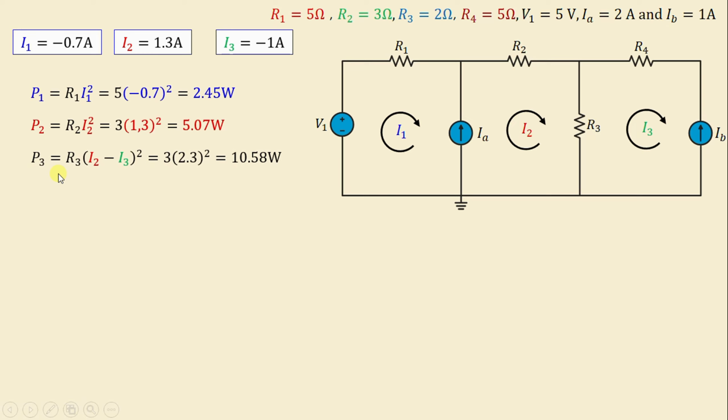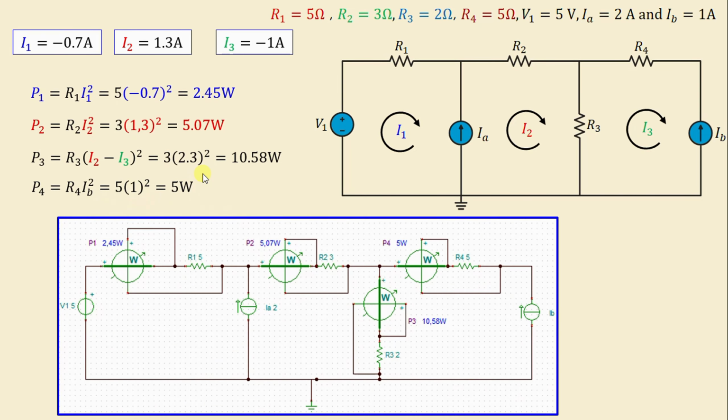The dissipated power in the resistor R3 is equal to R3 (I2 minus I3) squared, and we get 10.58 watts. And the last one, the dissipated power in the resistor R4 is equal to R4 IB squared, which is equal to 5 watts. After completing the calculation, we conduct the simulation using SPICE to verify our results.